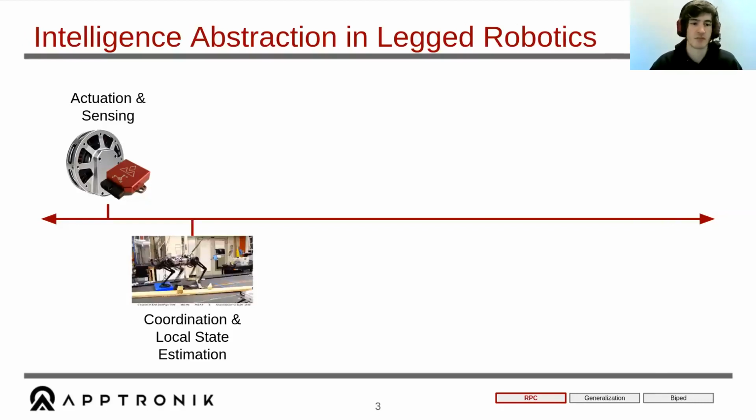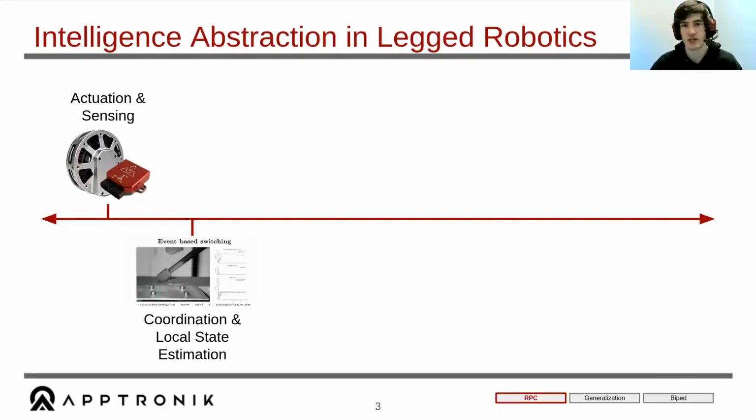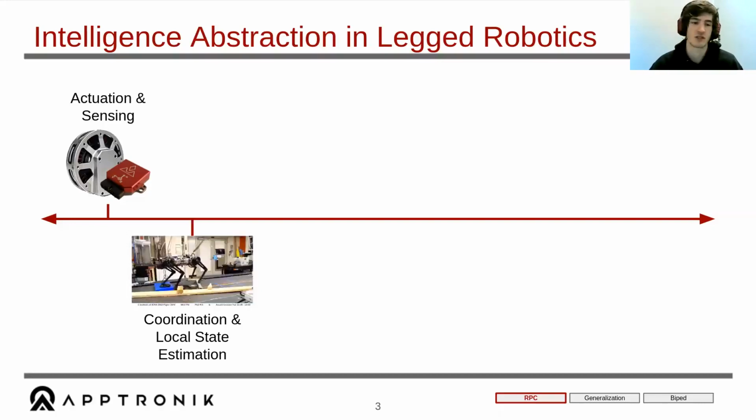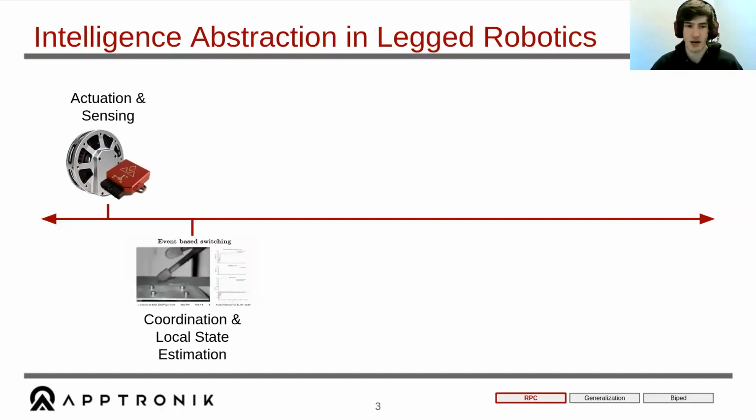The next level up is coordination and local state estimation. The coordination is, now that you have your actuation systems, can you get them all to move together and cooperate with each other? And also, do you know what you're actually doing? Do you know what your kinematics are? Do you know if you're touching the ground versus if you're not touching the ground, stuff like that.